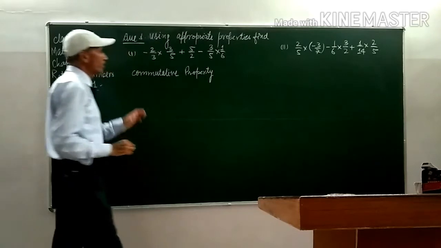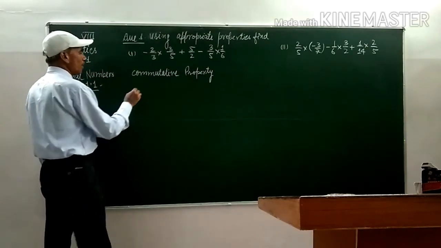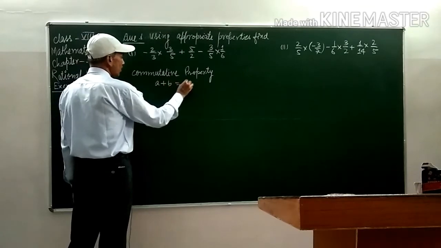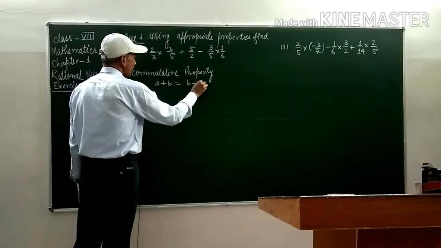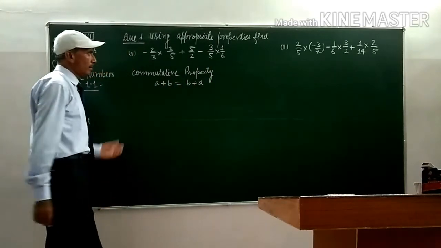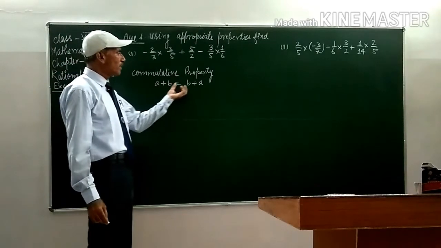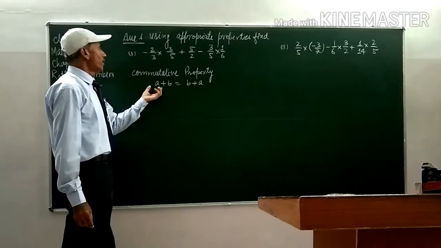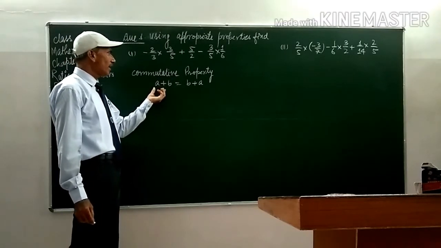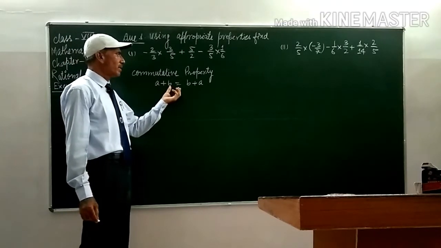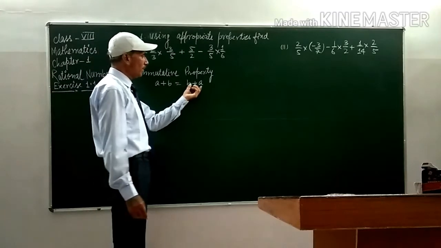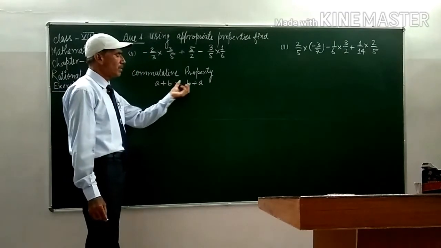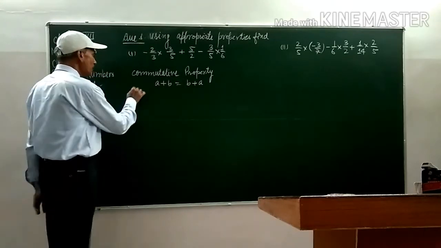Okay students, in the commutative property, a plus b is equal to b plus a. It means if we change the order of rational numbers, then the result will be the same.